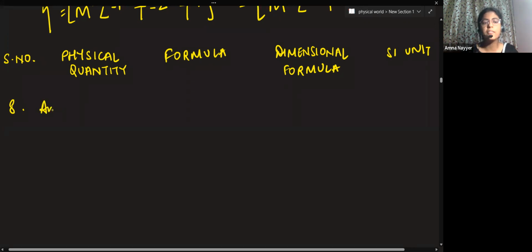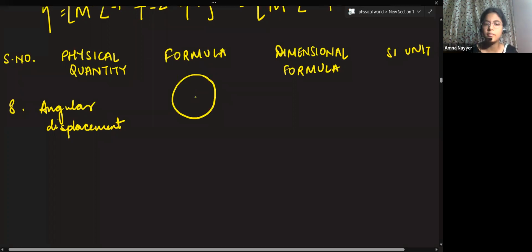So one, you have it as angular displacement. See, angular displacement is basically what the formula is. If I say this is a circle I have, and I have taken 2 points. Let's say this is A point, this is B point.